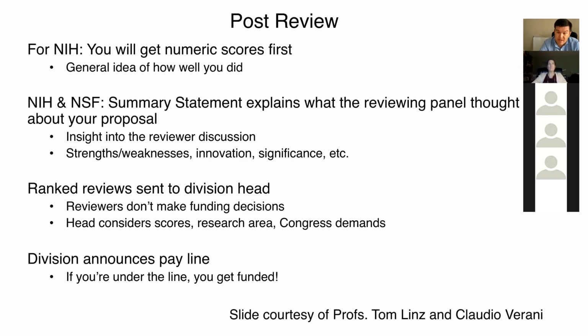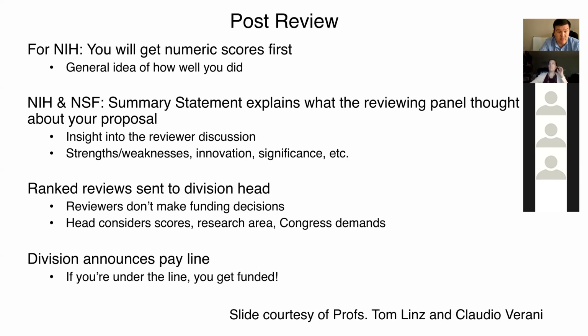So in case of the NIH, actually a numerical score will be assigned first to each application. And then in case of both NIH and NSF, a summary statement is provided. So this summary statement, these are details, these are critiques which describe the strengths and weaknesses of the grant application from a particular perspective, as we were discussing, and as we will be covering a little bit more, with respect to 5 key criteria that NIH covers.